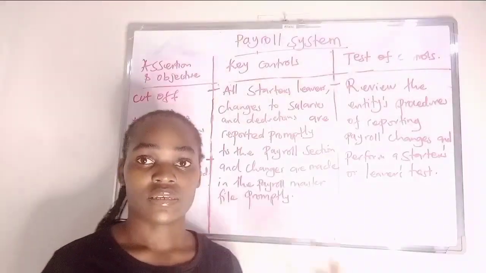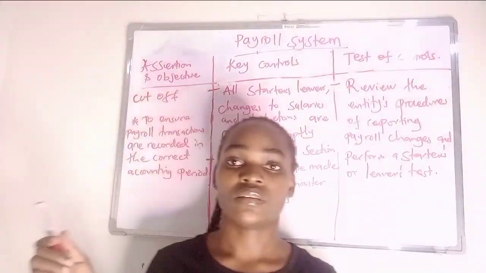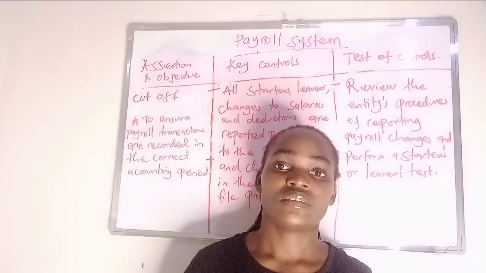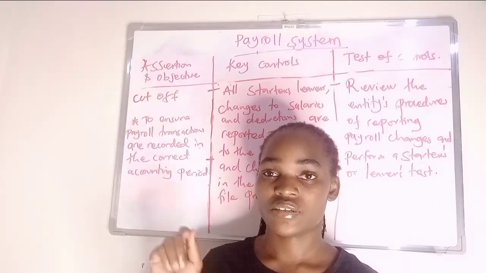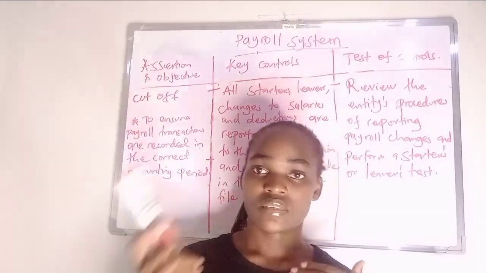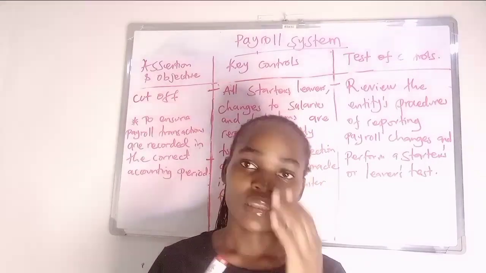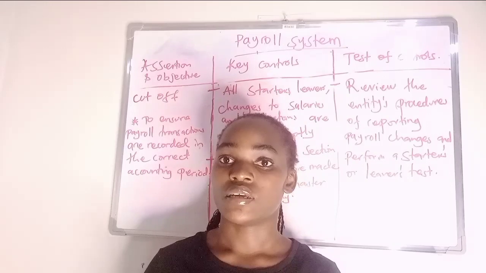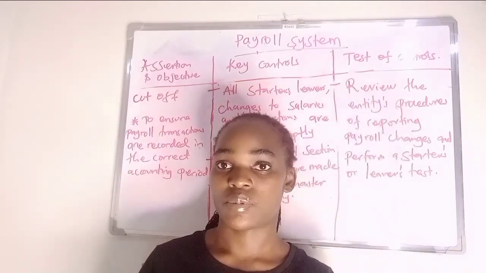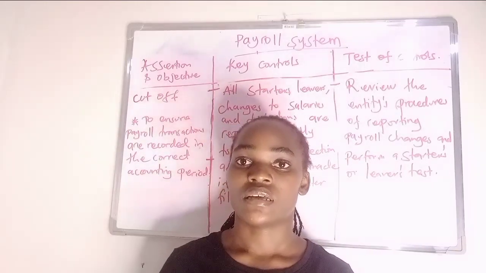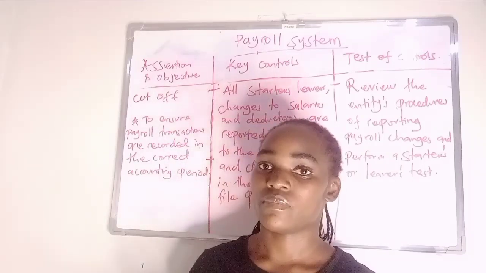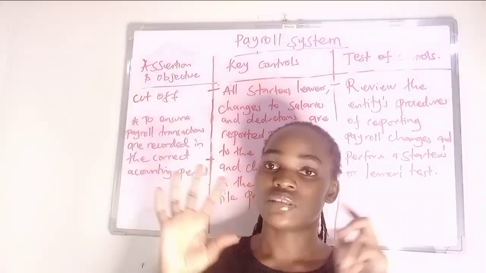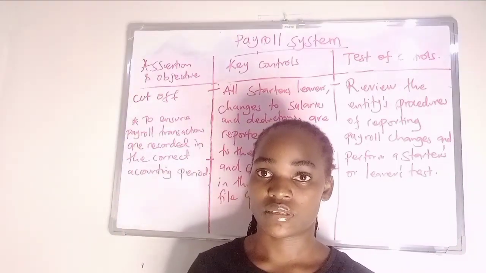In case there are any changes in payroll or in human resources, that change is reported immediately. In case someone new is recruited, they are supposed to report it to the payroll section so that they can adjust the payroll. And then they are also supposed to report that change to the payroll master file, because it records everything about employees.